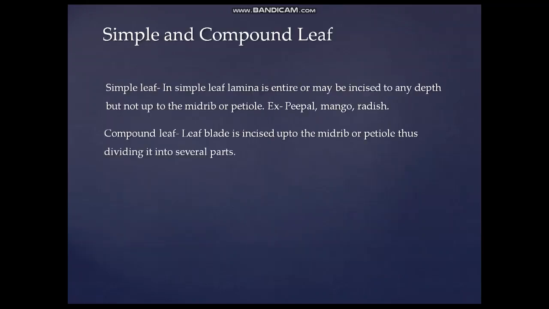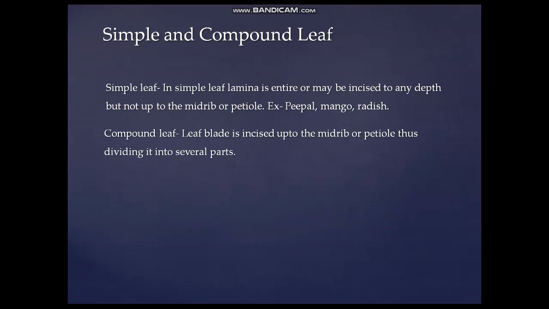After arrangement, now leaves are of two types. On the basis of lamina, we divide the leaf into simple and compound leaf. In simple leaf, the lamina is entire or may be incised.